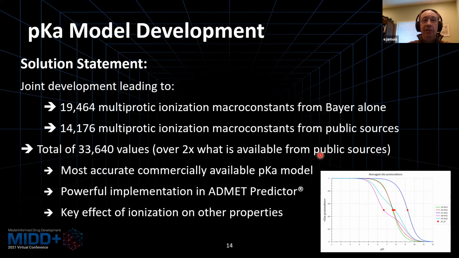And if you add that to the 14,000 plus that came from public sources, then you get a total set of 33,000 and change values, which is over twice the amount of data that is available from public sources. So you realize that with that much more data, we can build a much more accurate model than what would be just available commercially.